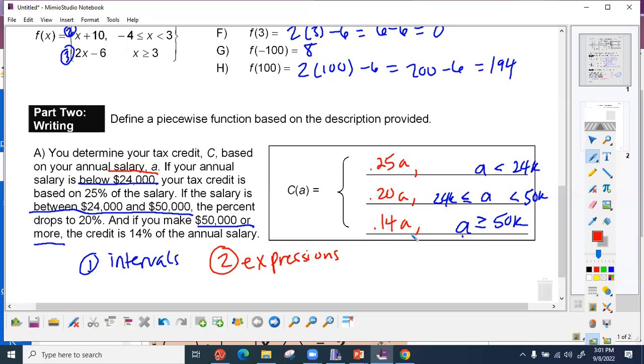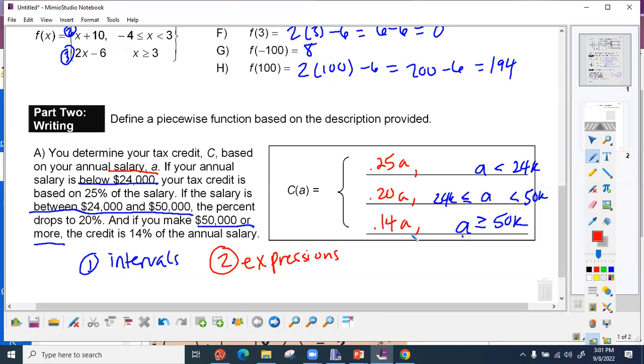I got a question. Yes. If it's on the test, you're going to ask us for those numbers, not to solve them? It may ask you, now that you have it, can you evaluate? Which is why we went over evaluating first. For example, if my annual salary is 33,000, what is my estimated tax deduction?